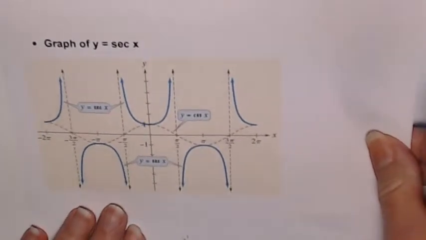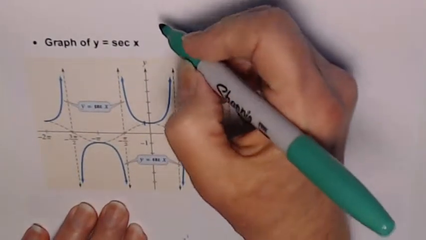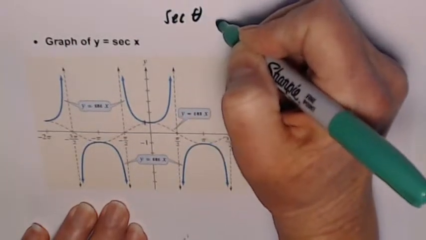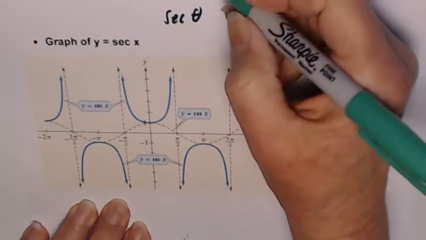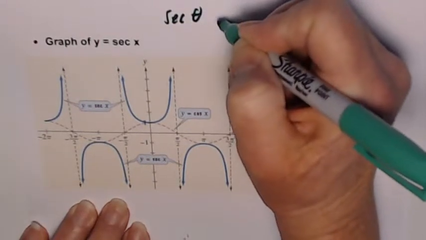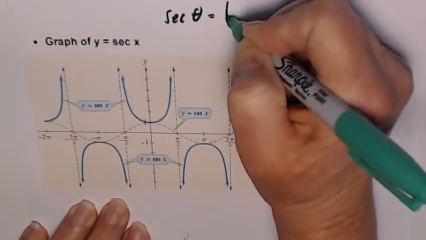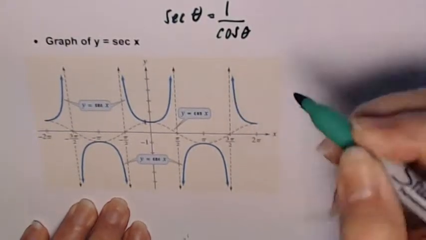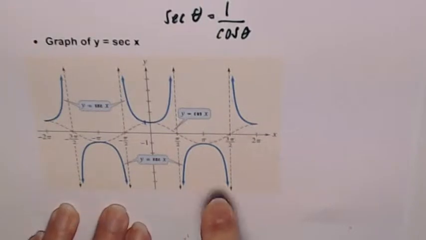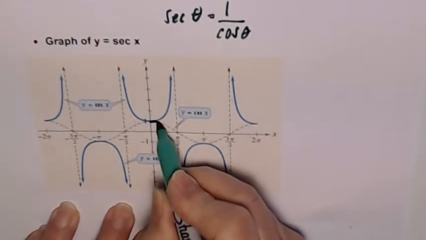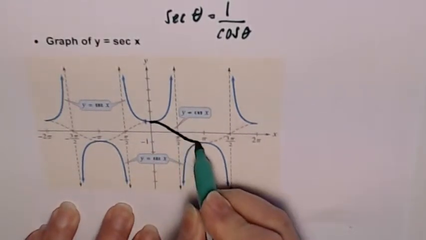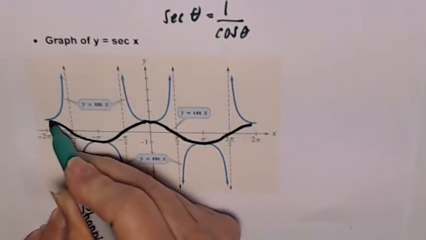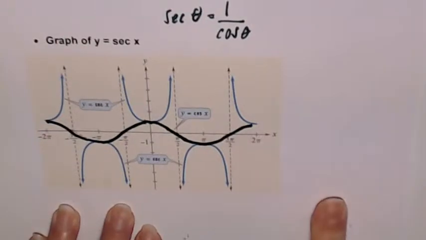secant function here. And we know that the secant of some angle, I'm going to go back to thetas here, I like thetas better than x when I talk about angles. So secant is 1 over cosine theta. And again, if we look here at this picture, here is our cosine function that we know from all the hard work we've done both in our project and in our homework.